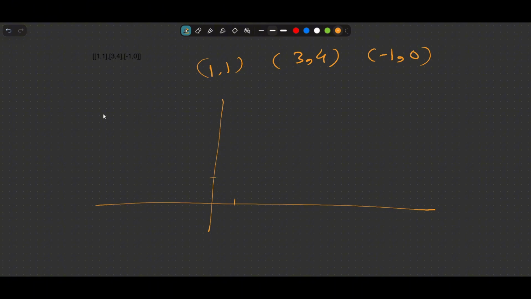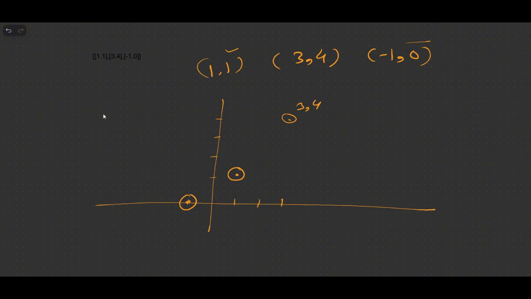So the first point is this one, 1 comma 1. So the second point would be here, and the third point would be here, minus 1 comma 0.